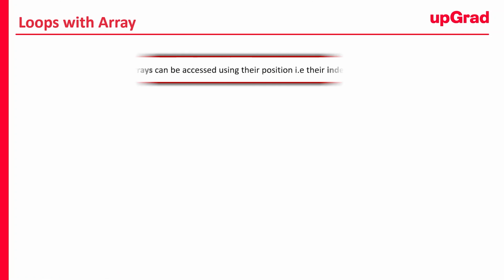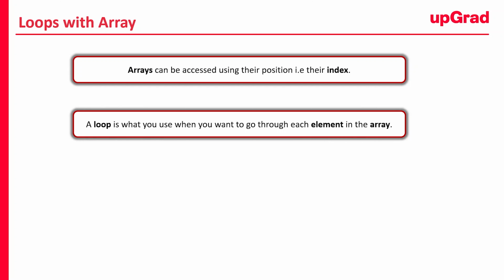Now coming to loops with arrays. When you're working with arrays, you're dealing with a series of values that are stored under one variable. Arrays have multiple elements, and these elements are accessed using their positions known as index. A loop is what you use when you want to go through each element in the array and perform some kind of operation on them.